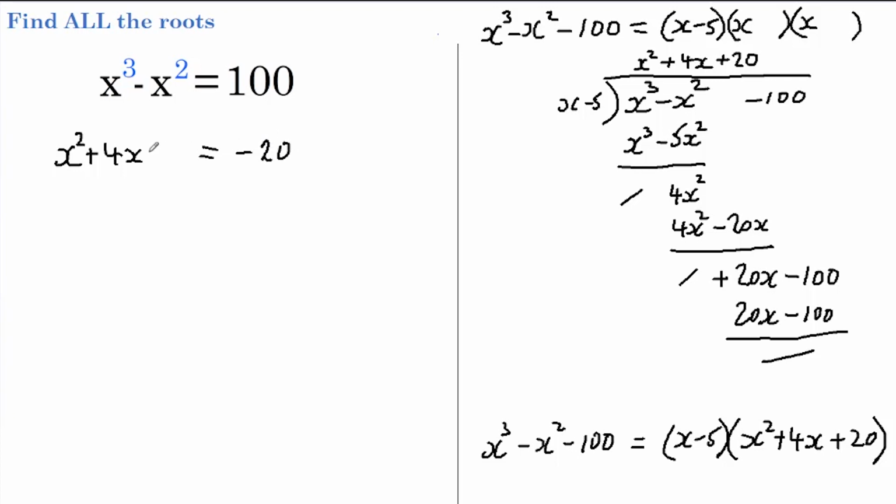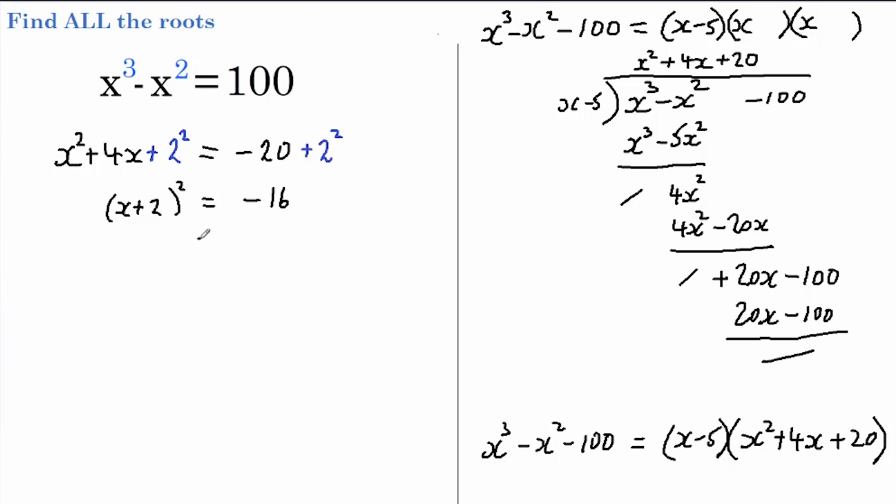And now I'm going to add on half of 4 squared to both sides. This can now be rewritten as take the x from here plus 2 all squared equals negative 16.